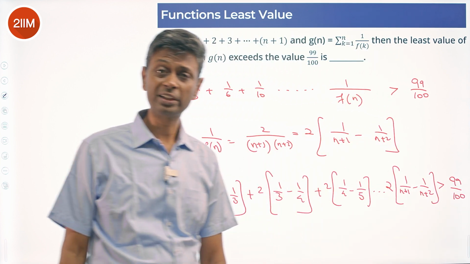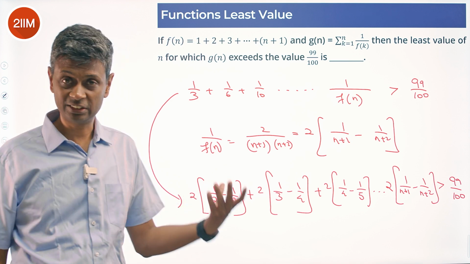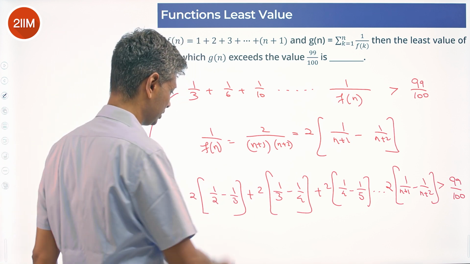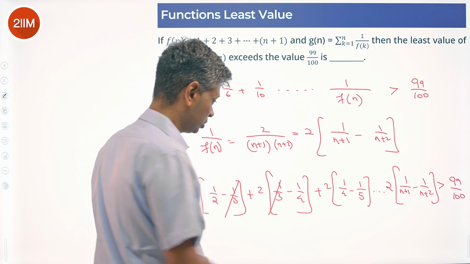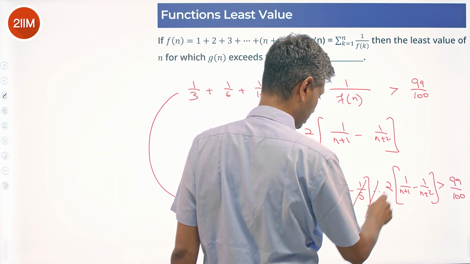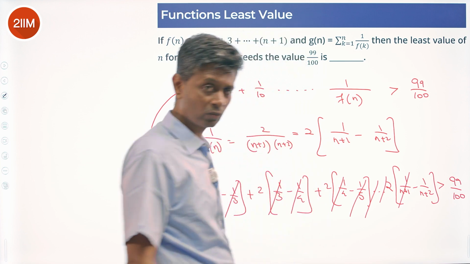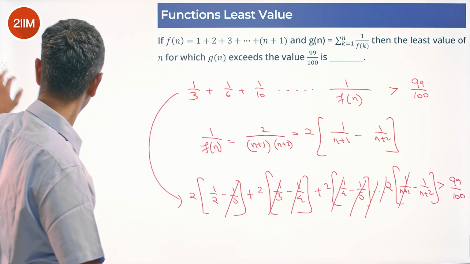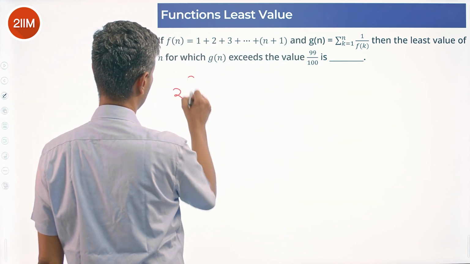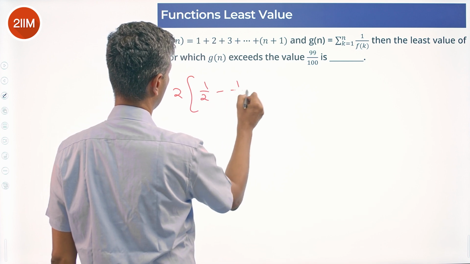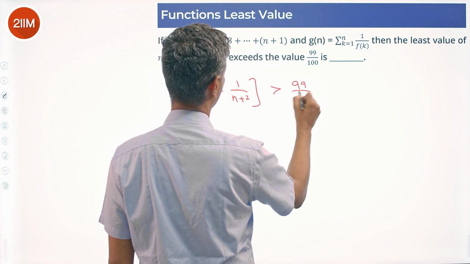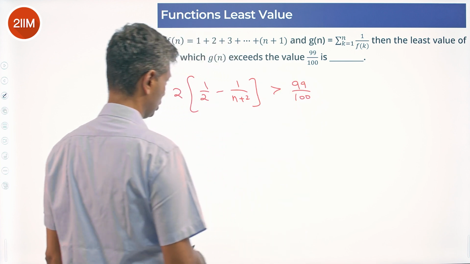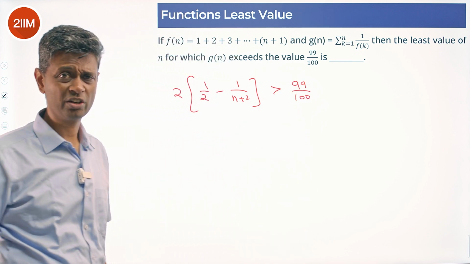The beauty about breaking into partial fractions into series like this is that a bunch of terms get cancelled. Remember all of them are multiplied by 2, so I can cancel this. Finally I'll have 2 times (1 by 2 minus 1 by n plus 2) greater than 99 by 100. The smallest n where this is achieved, that's my answer.